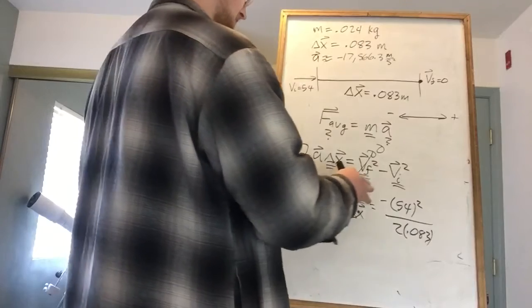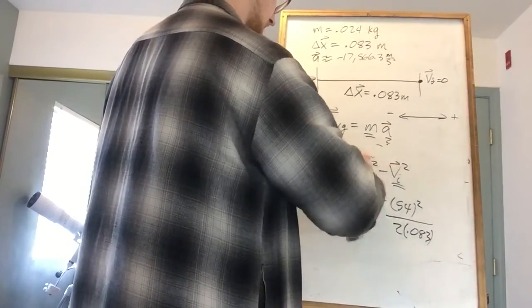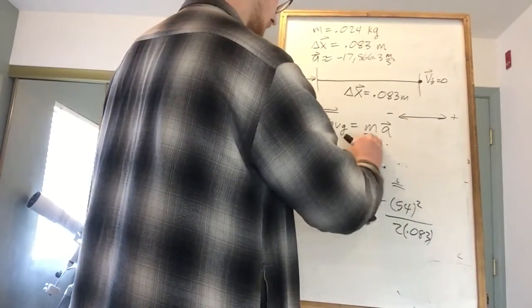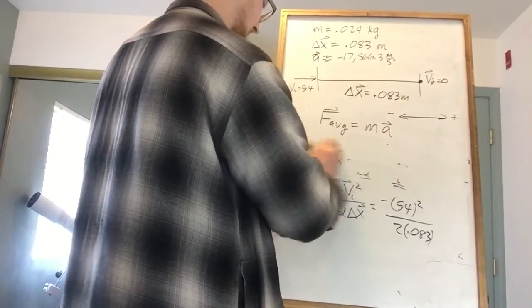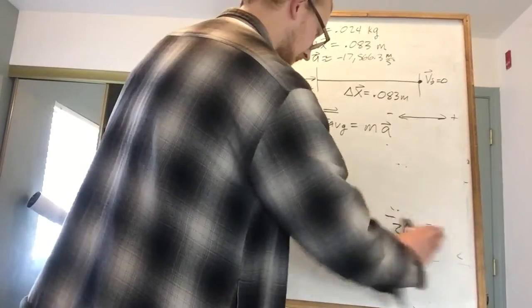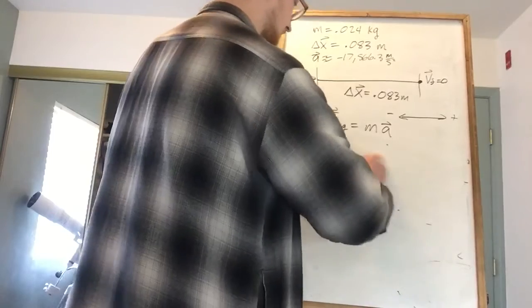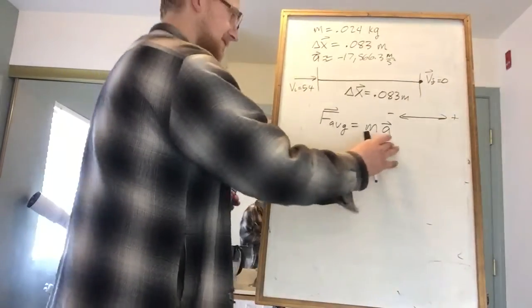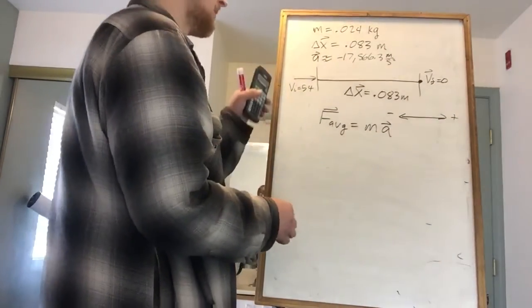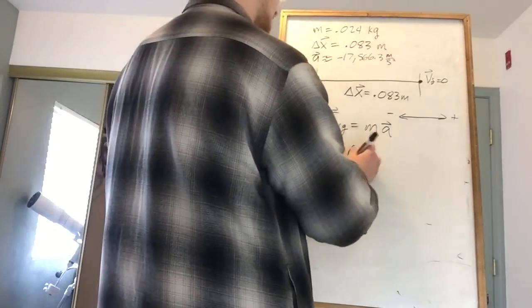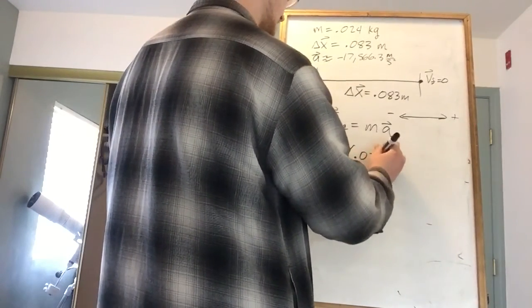Now we're going to plug it into this master equation that we've been wanting to solve for force average. In order to do that, it's just a plug and chug now. The hardest part of the problem is the assumptions at the beginning. So we know our mass. Mass is 0.024 kg.